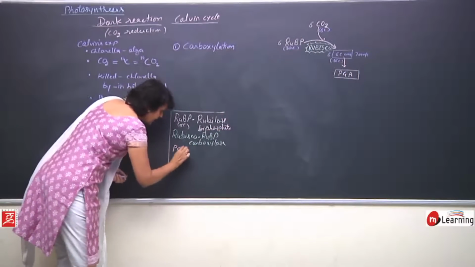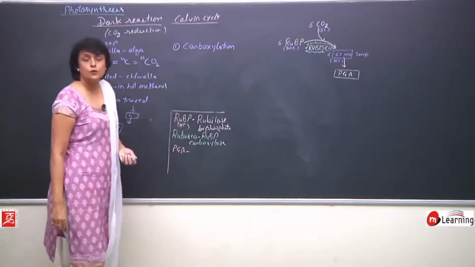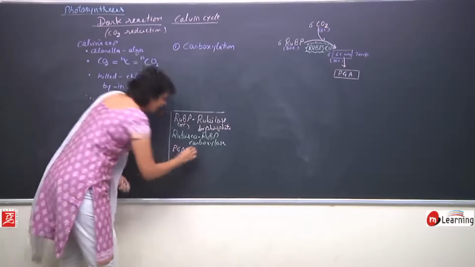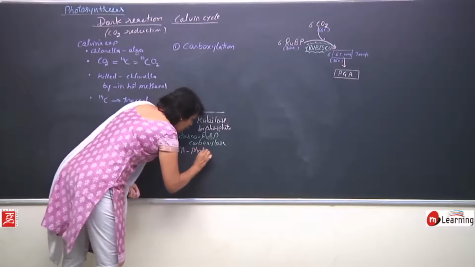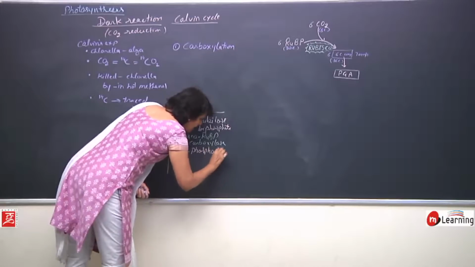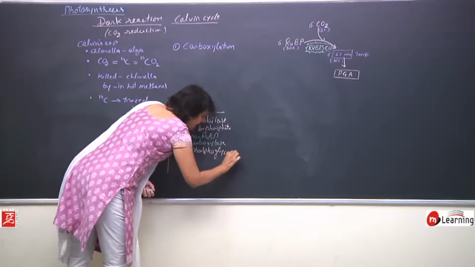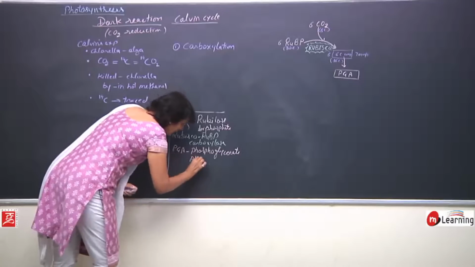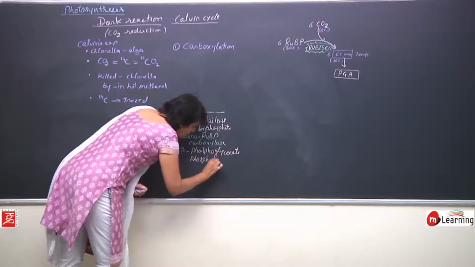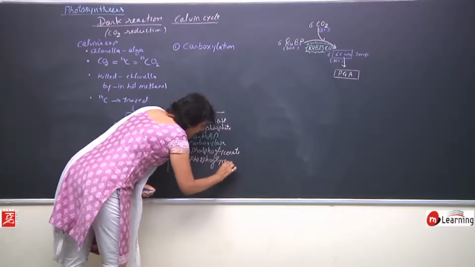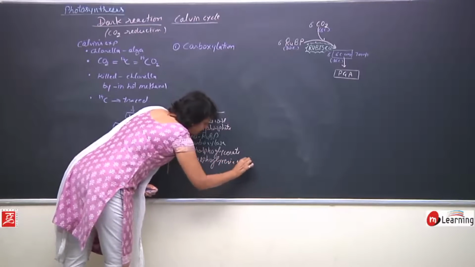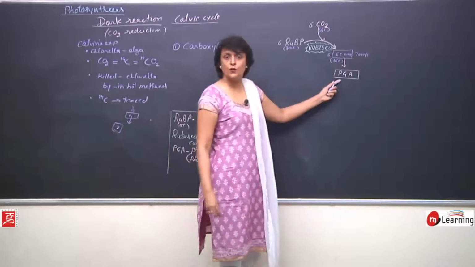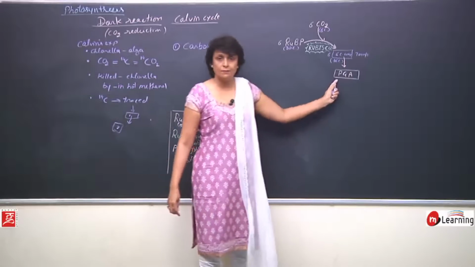PGA stands for phosphoglycerate or phosphoglyceric acid. It is a 3-carbon compound. Phosphoglyceric acid is a 3-carbon compound.